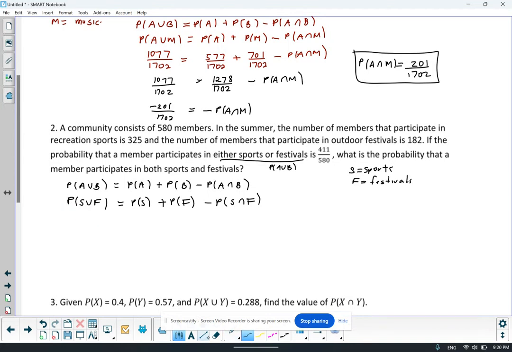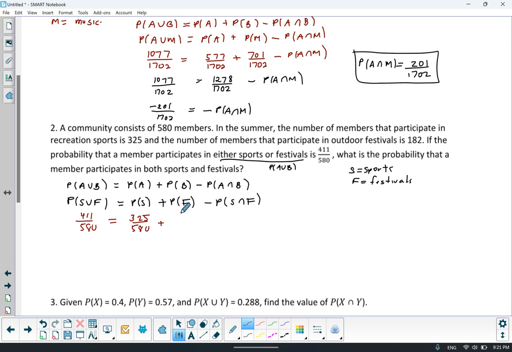And I start substituting in for the formulas. So the probability of either is 411 over 580. The probability of sports is 325 over 580.